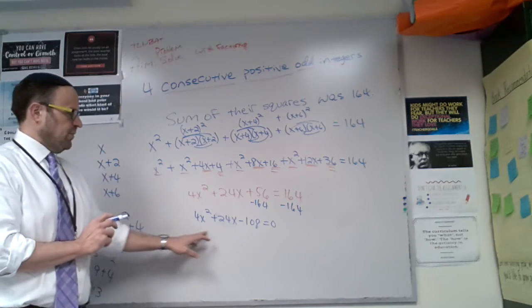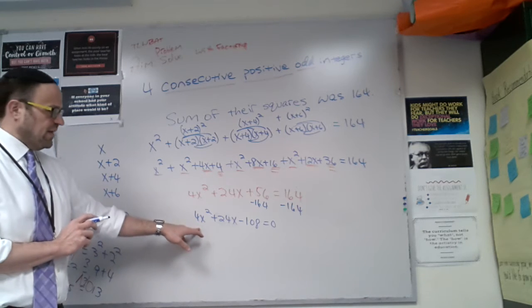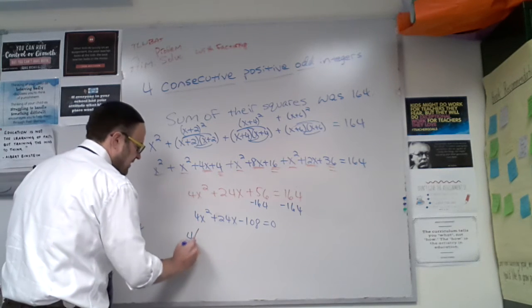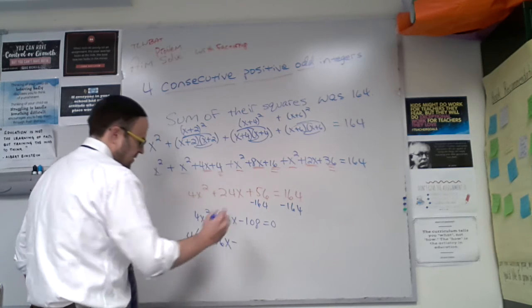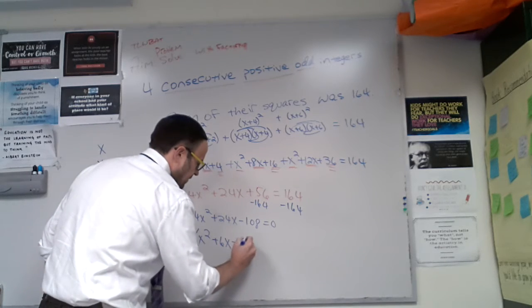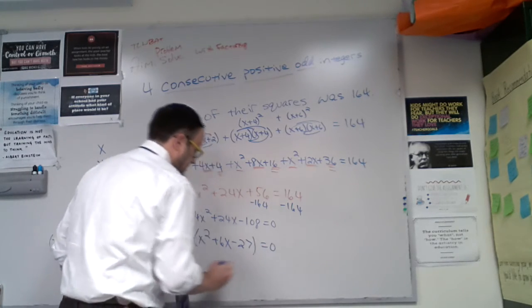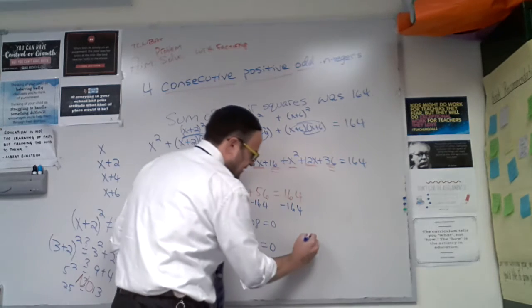This looks familiar. We know how to solve this. We know how to solve something if it has a 4 in front of the x squared. But we also can see that we can pull out that 4 because they're all multiples of 4. Okay, now x squared plus 6x minus 27.